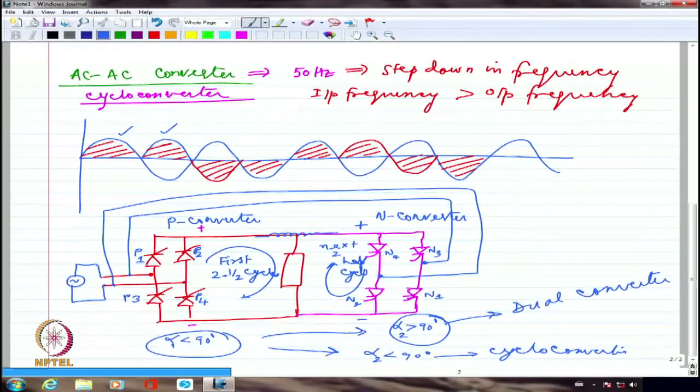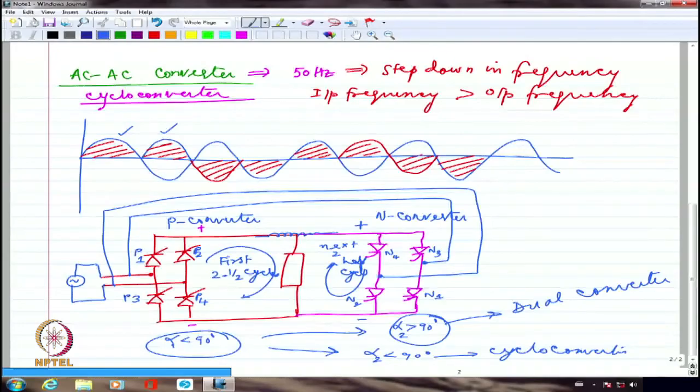So this is going to be the way your complete converter works. So this is single phase to single phase operation. I can have the same thing for single phase to three phase, three phase to single phase. So I can have multiple types of cycloconverter connections.